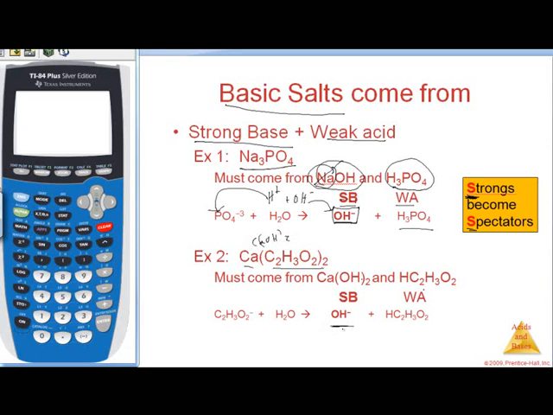I immediately write that I produce the hydroxide ion, and what I have reacting with the water then is, remember, the strongs become the spectators, so in this case the calcium drops off, and I'm left with the acetate ion, and the acetate ion picks up the H+. The OH comes over here as part of the hydrolysis, and I end up with the weak acid, right? This plus this gives me this.